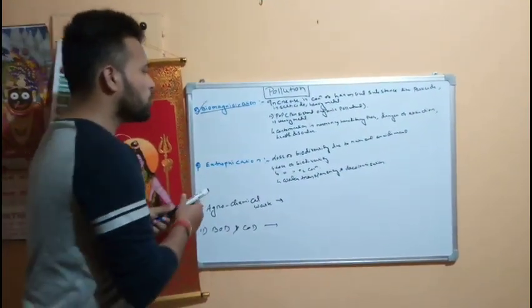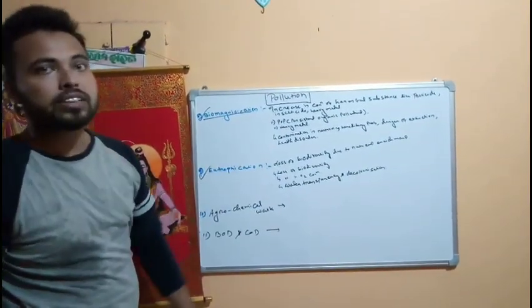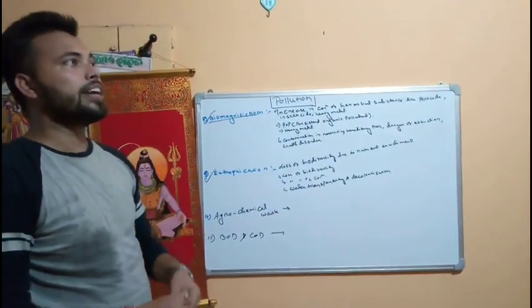The next thing is eutrophication. What is eutrophication? The loss of biodiversity due to nutrient enrichment.